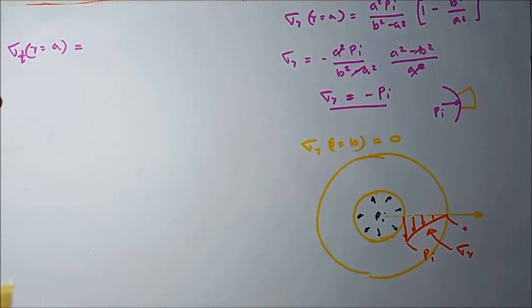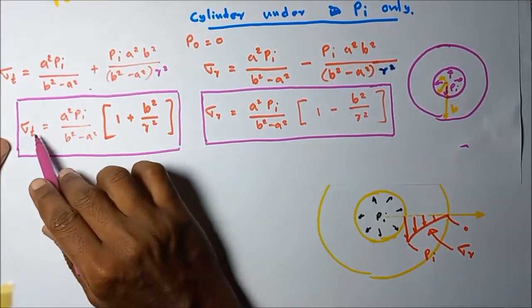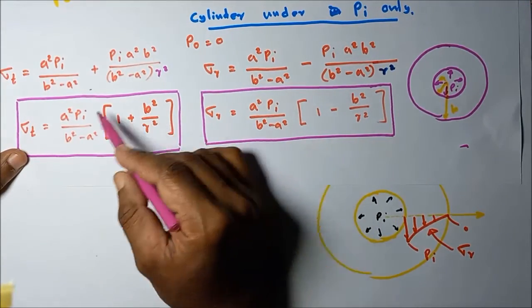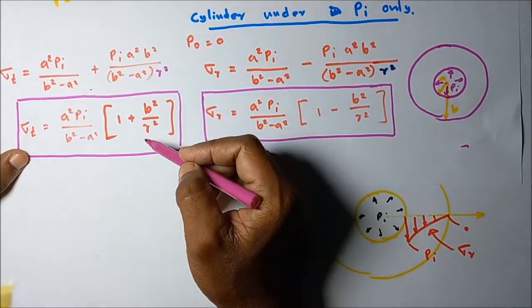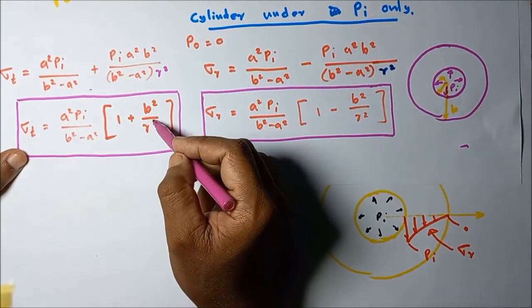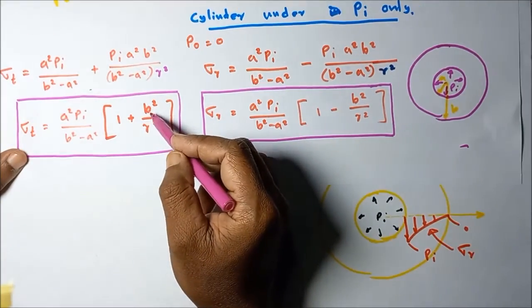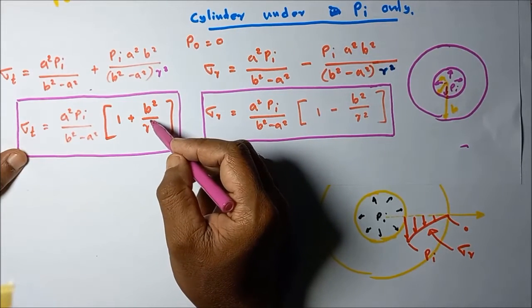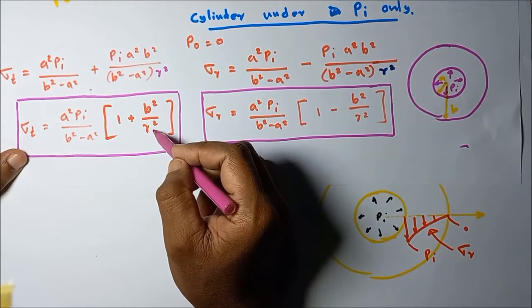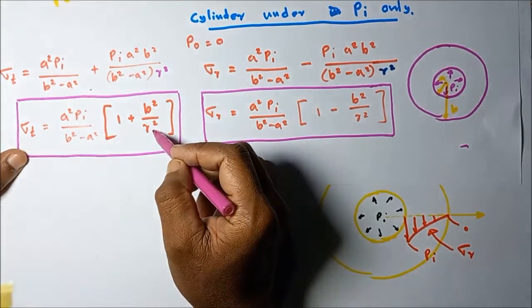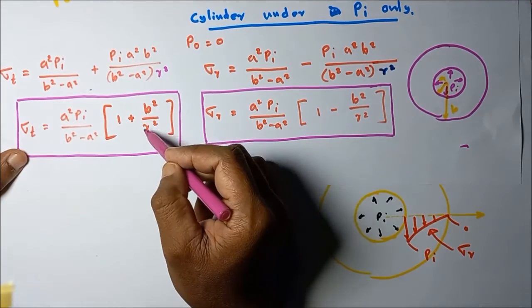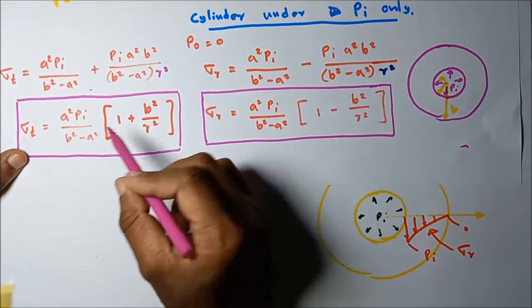Sigma T is always a positive value. Its magnitude becomes maximum when this ratio becomes high, so R should be minimum. R is minimum at R equal to A, so at R equal to A, sigma T is maximized.